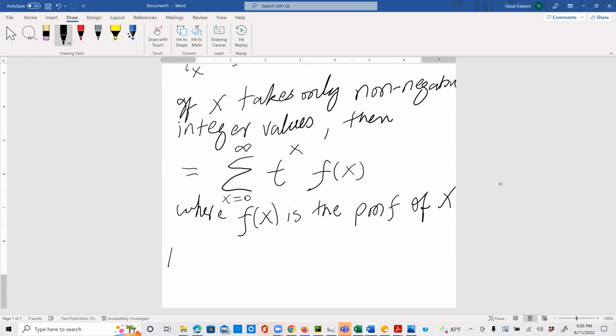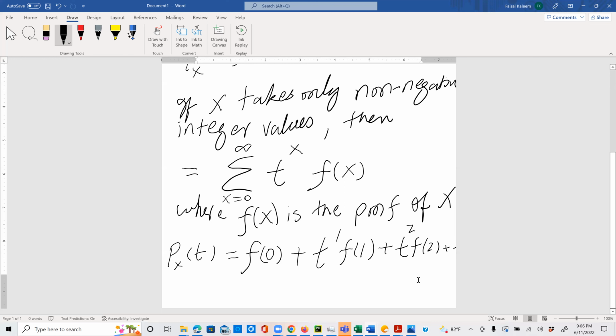So P_X(t), when we open this summation: when x is 0, t to the power 0 is 1, so that's just f of 0, plus, when x equals 1, t times f of 1, plus, when x equals 2, t squared times f of 2, plus so on.